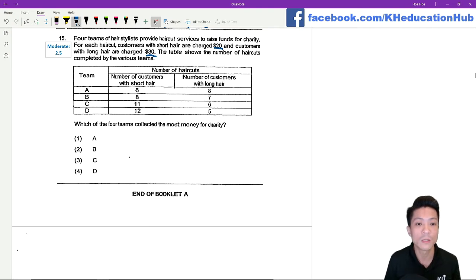So short hair will be $20, which means that if you multiply by 20, you probably can find the total for this. Can I write it here? Let me try to squeeze it here. This is going to be 120, 160, 220, 240. Long hair will be 30.